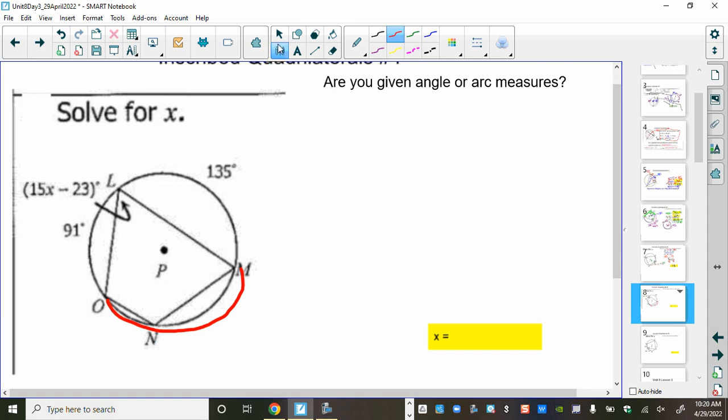So basically, you'd have to do 360 minus 135 minus 91. And then whatever number you get for that. Somebody just try that real quick. 360 minus 135 minus 91. 134. And then you'd have to divide 134 by 2.